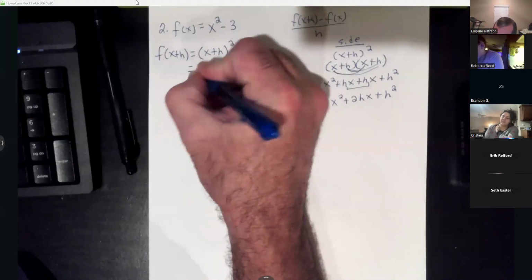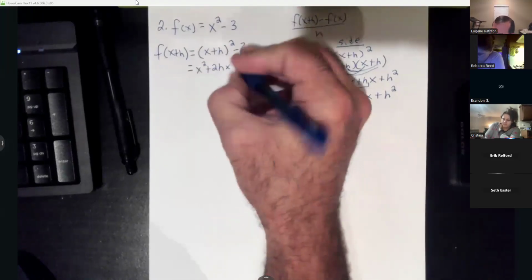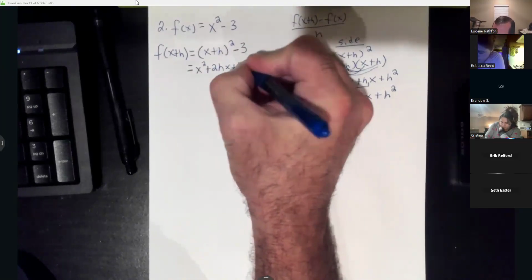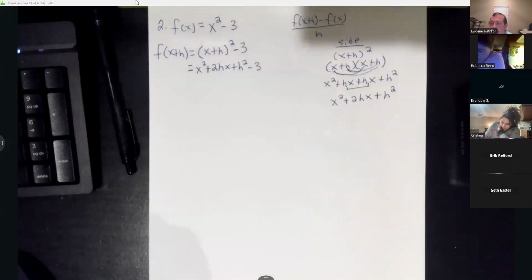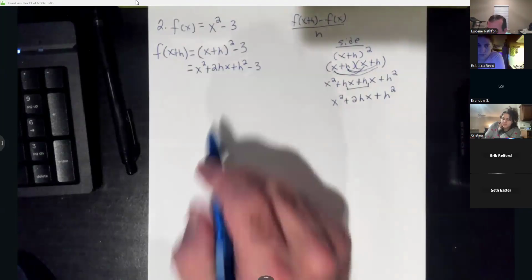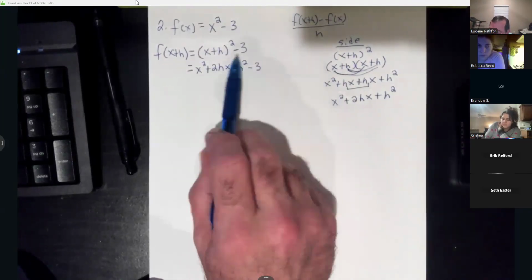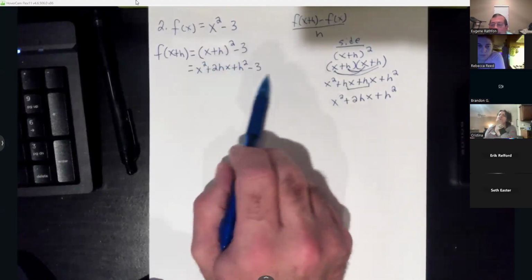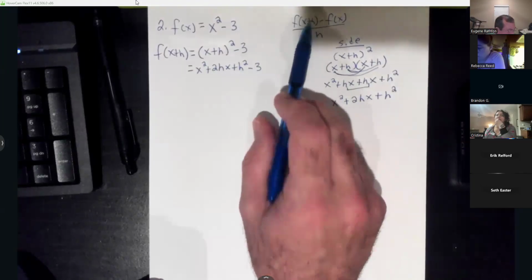So that's going to be x squared plus 2hx plus h squared. And then at the end, I got a minus 3. Well, y'all, guess what? I can't do anything else to that. I don't have any like terms. So this whole thing right here is going to be the f of x plus h when we plug that in, okay?